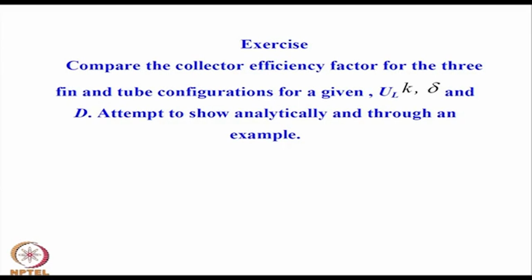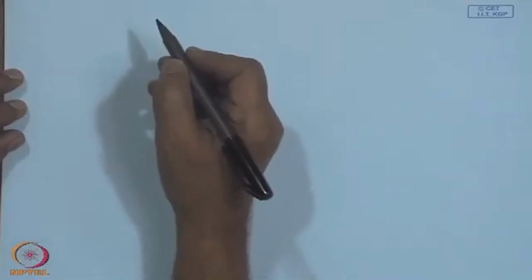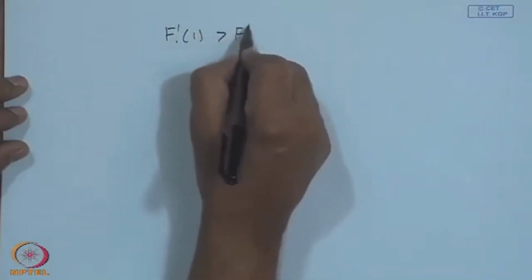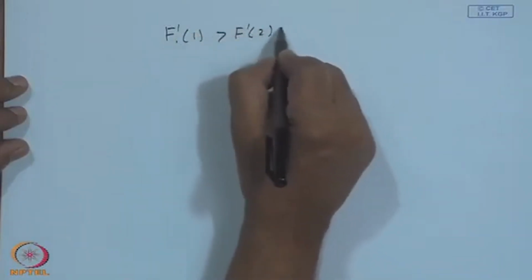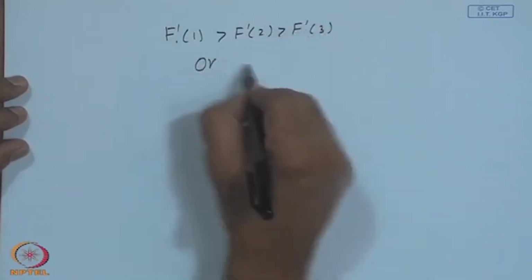One can, for example, find out F dash is higher for one or the other for a change in U L and k delta, and analytically prove that F dash for arrangement 1 is greater than F dash 2 greater than F dash 3 or whatever.